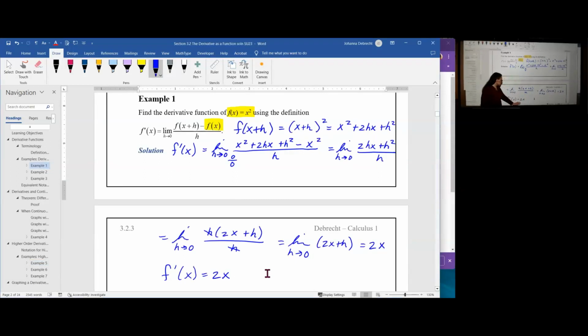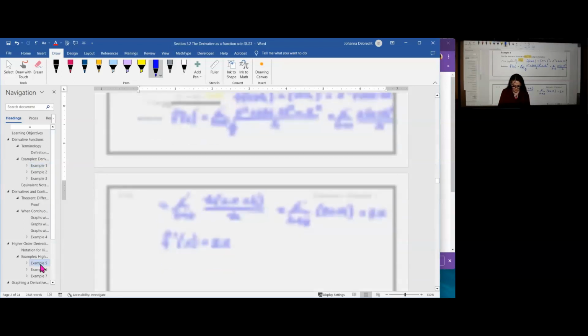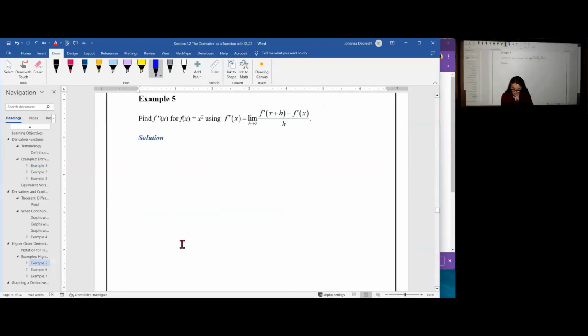We found that the first derivative of x squared is the function 2x. Let's now go back to example 5 and use that information. The first derivative, or f prime of x, is equal to 2x. Now I need to compute what f prime of x plus h is.